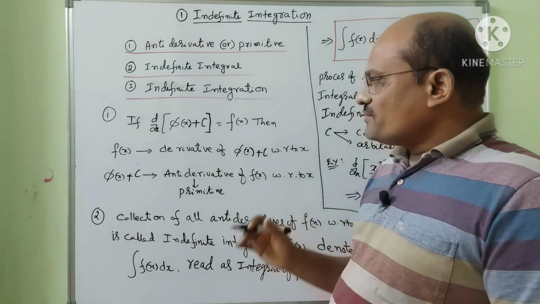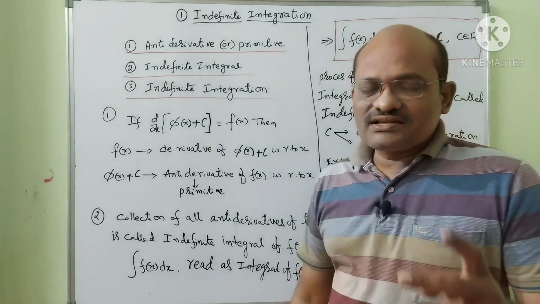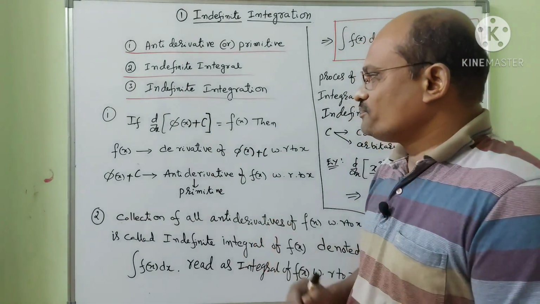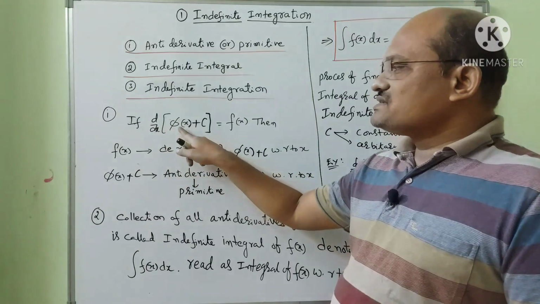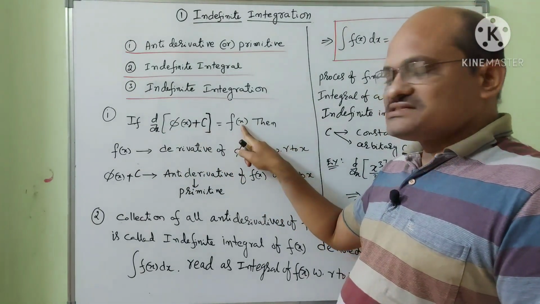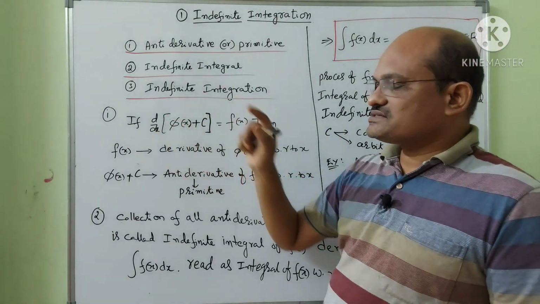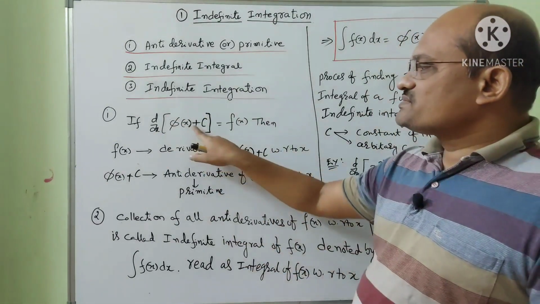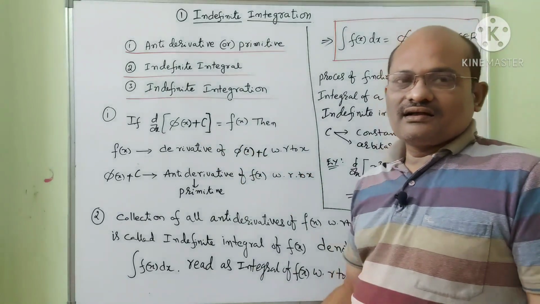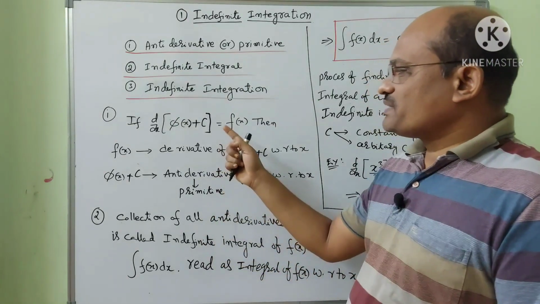Now observe carefully. Here in this definition you have to understand 2 things. Number 1, d by dx of phi of x plus c is equal to f of x, means f of x is the derivative of phi of x plus c with respect to x. Phi of x plus c is the antiderivative of f of x with respect to x.